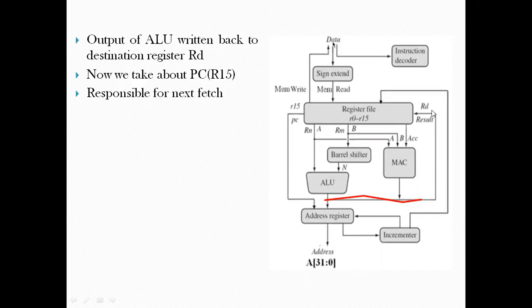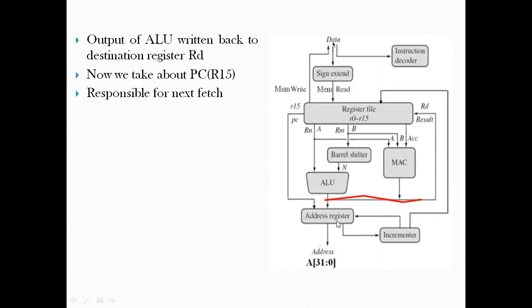And once this RD, destination register, is written, and store instruction has come, this memory write signal also goes to the memory. So it is written back to the memory. Okay. And otherwise, PC contents are also given to address register because PC is responsible for fetching the next instruction.